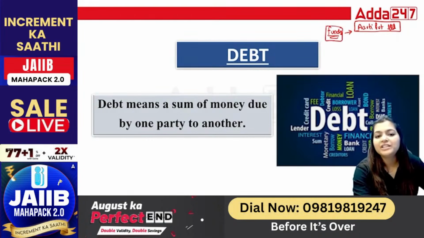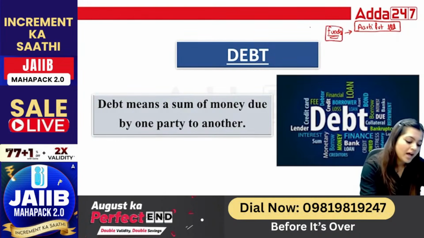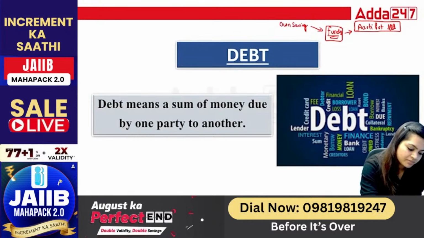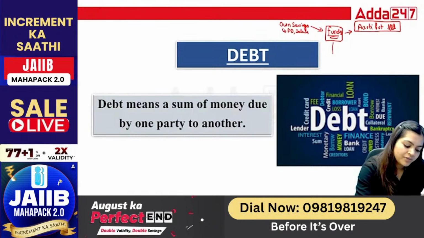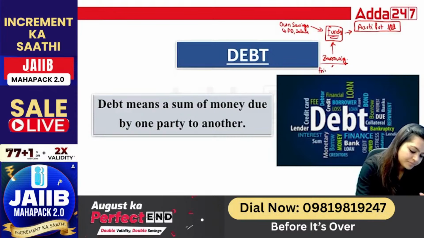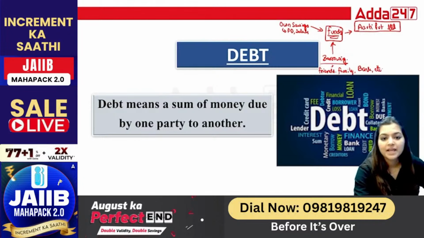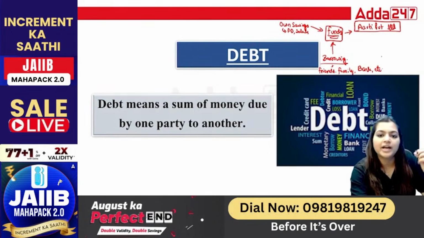Now, what are the ways through which I can arrange this money? I can use my own saving. Yes, I can use my FD account. I can use my salary. Yes or no? And what is the one more way through which I can arrange these funds? That is through borrowing. I can borrow from my friends, from my family, from bank, etc. So there are two ways through which I can arrange funds.